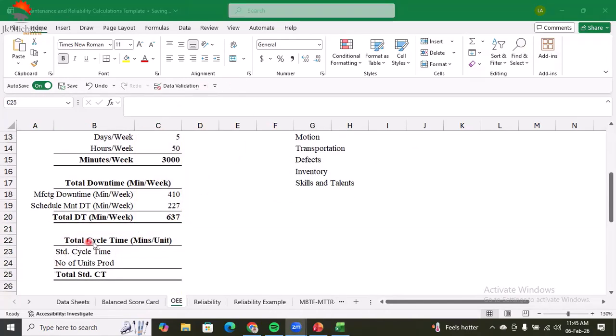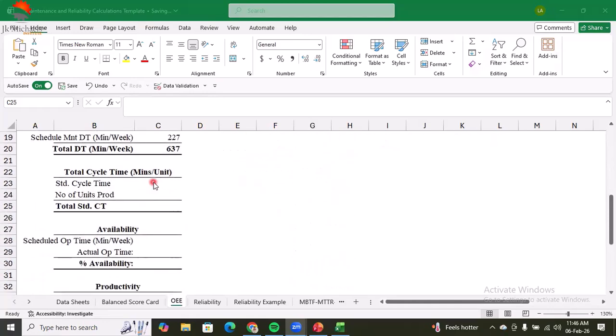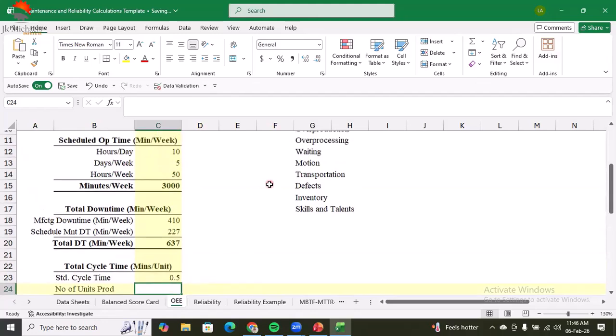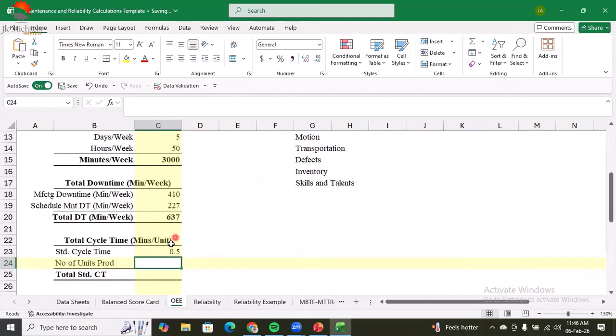Now let's look at the total cycle time in minutes per unit. The theoretical or standard cycle time is 0.5 minutes to produce 1 unit. And then the total number of units produced came up to 4,450 units this week.